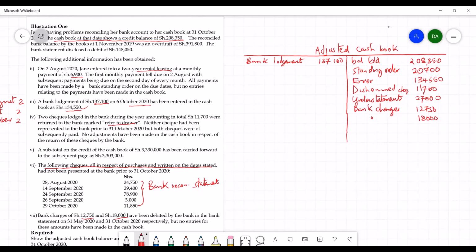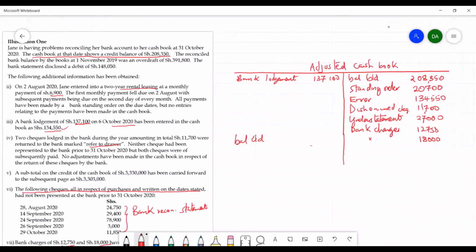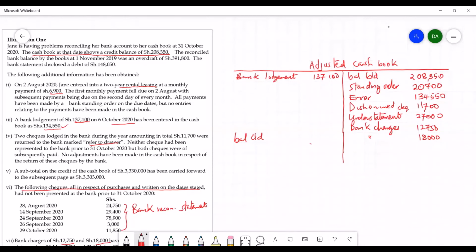As we balance off the cash book, we enter the balance carried down on the debit side, because the debit side is lower than the credit side. The balance carried down equals 295,950.